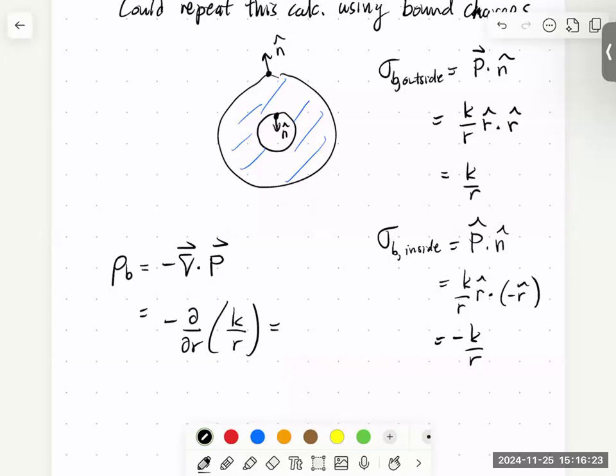It's going to cancel with that minus sign. I think I have a sign issue here, but I can't see it right now. But I think this is going to be plus K over R squared for this region.